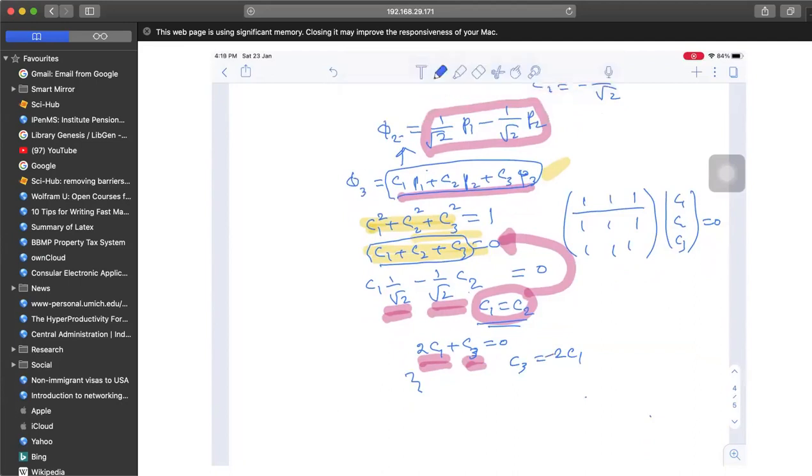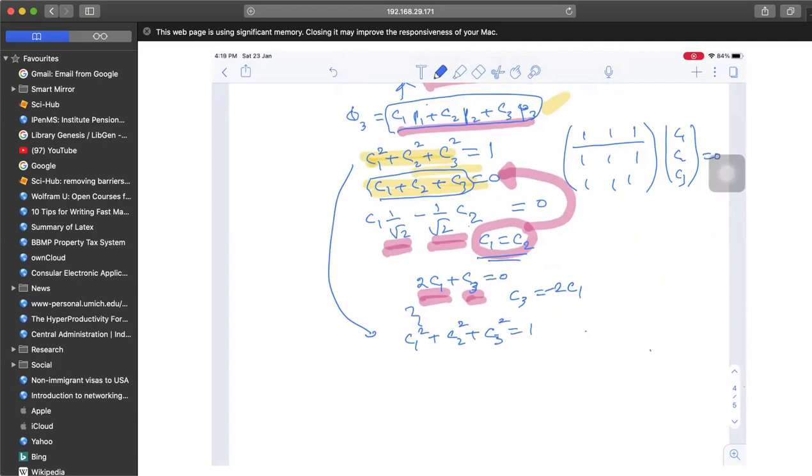So therefore, we have now enough material to do the calculation. C1 square plus C2 square plus C3 square must be equal to 1.